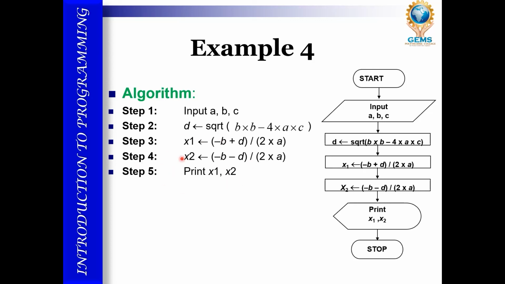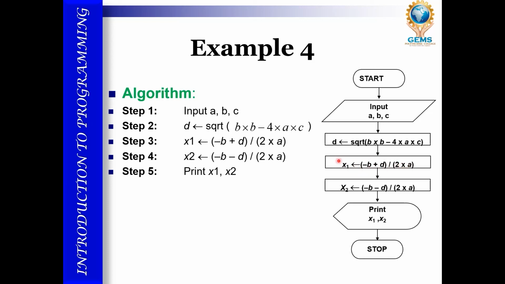Now the same thing we are going to represent in a flowchart manner. So start, input a, b, c. We got it. Now we have 4 operations here. First we are going to find the discriminant value. The discriminant value will be calculated by the square root of b square minus 4ac. Now x1 we are going to calculate. How are we going to calculate x1? We have a formula.